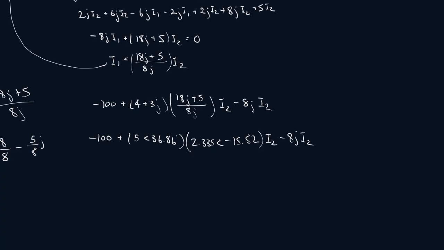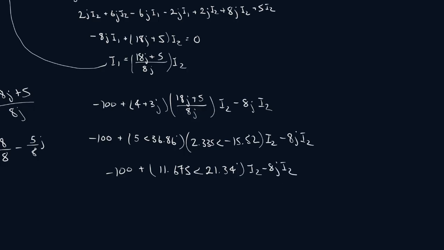Okay, now we can combine these two phasors. So minus 100 plus, 5 times 2.335, that's 11.675 phasor, 36.86 minus 15.52, that's 21.34 degrees, times I2 minus 8j I2.